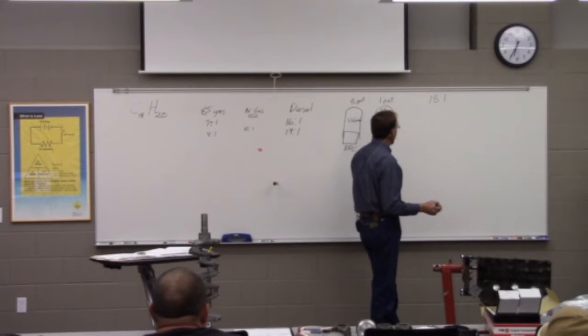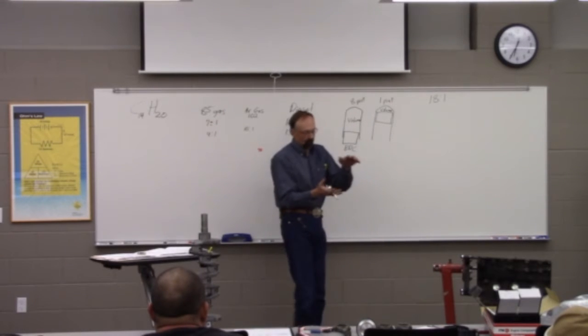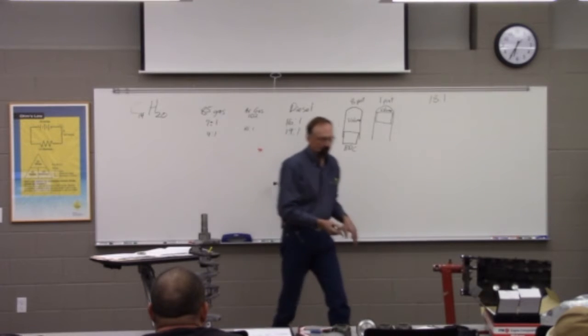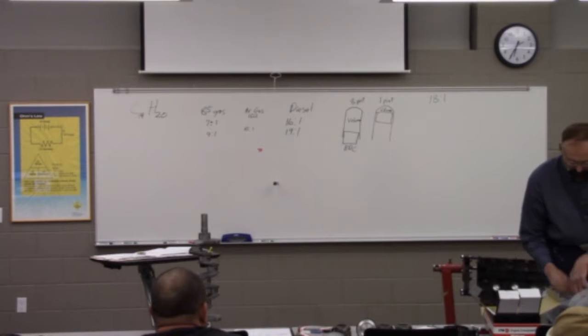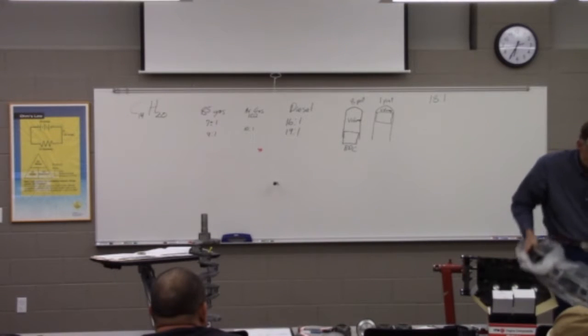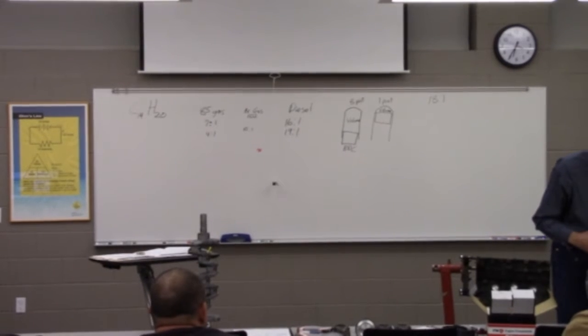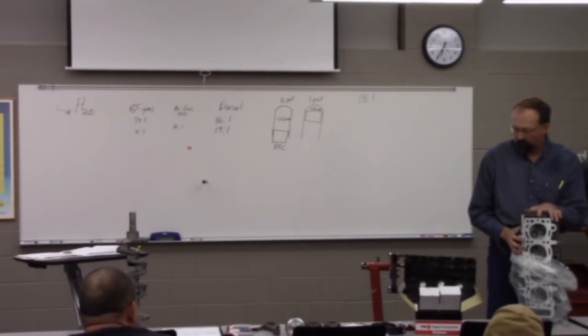And at 18 to 1, so if you were looking, this is the cylinder head for that Toyota. And you can see here where our valves are, there's a chamber there, that's where we're having our combustion.